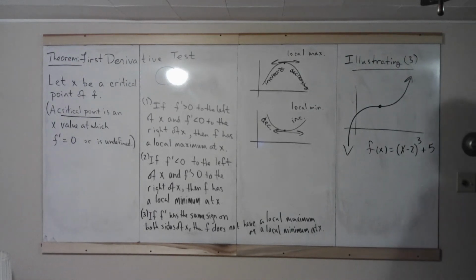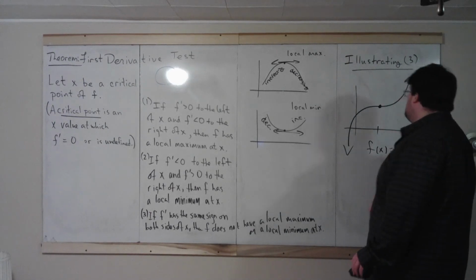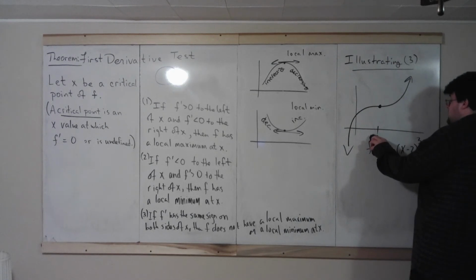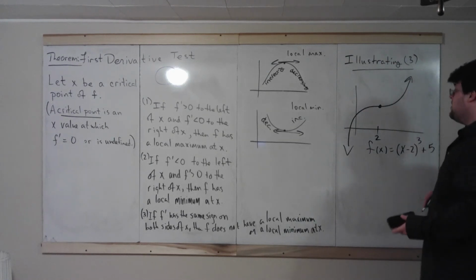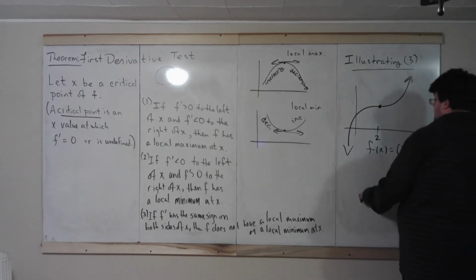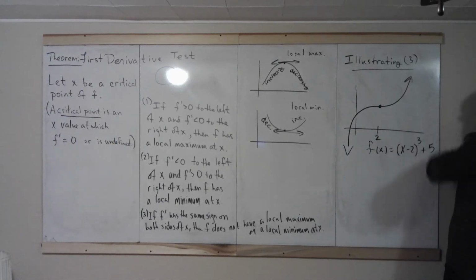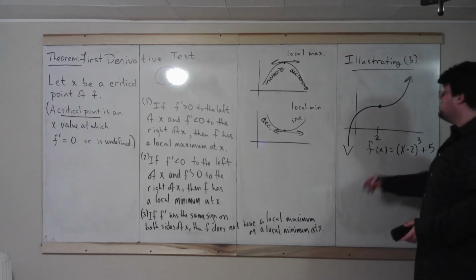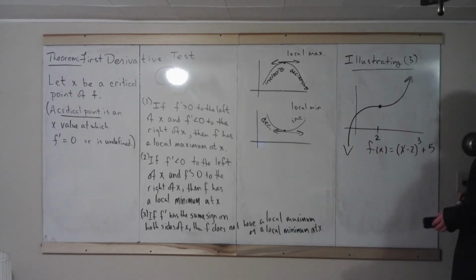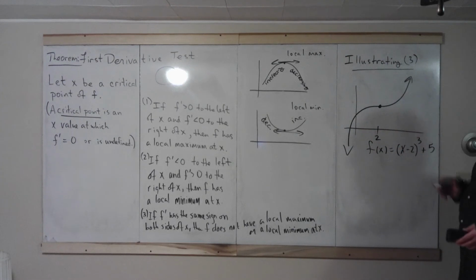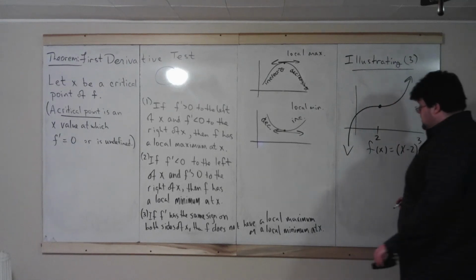And right here, at 2, the function does not have a local maximum and it does not have a local minimum, but also notice that the first derivative over here is going to be positive. And the first derivative over here is also going to be positive. The function is increasing on both sides. And if it were negative, we could just flip it around over a horizontal axis.